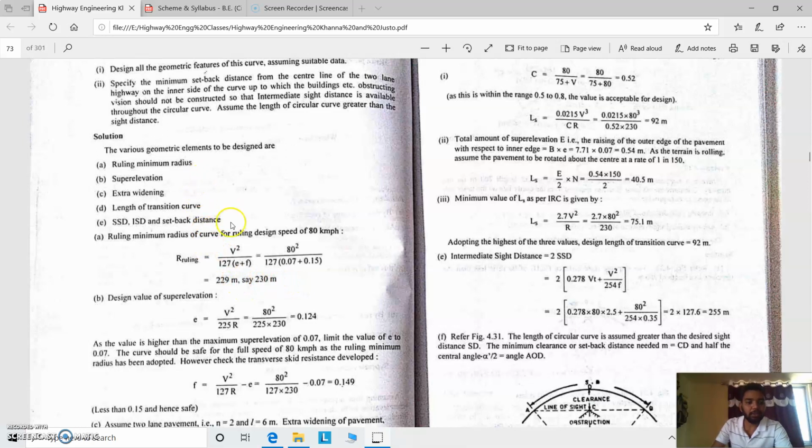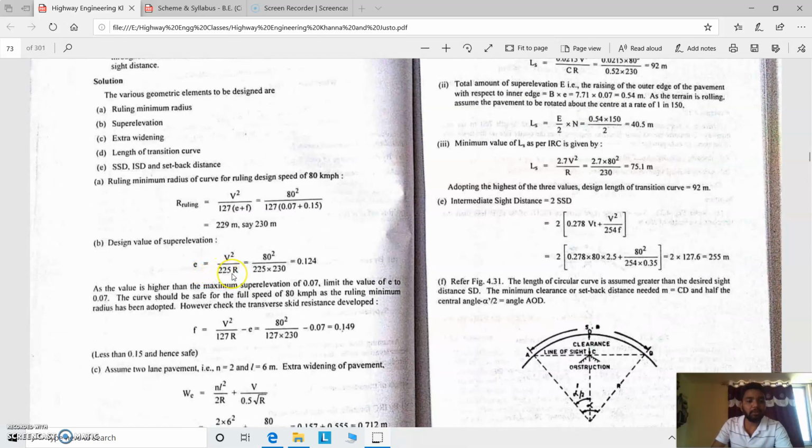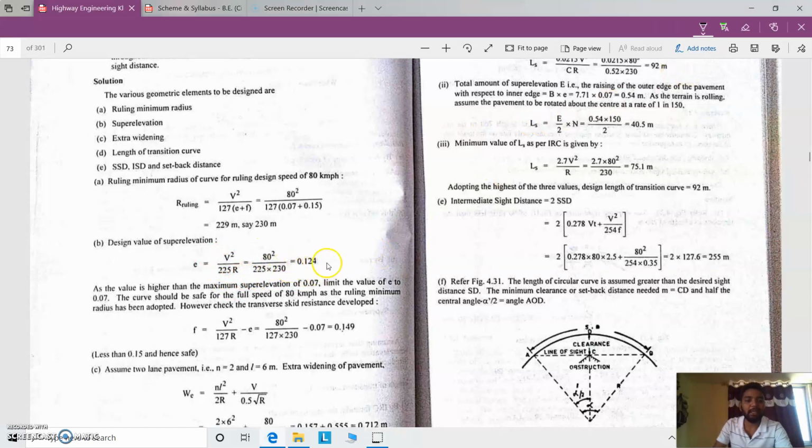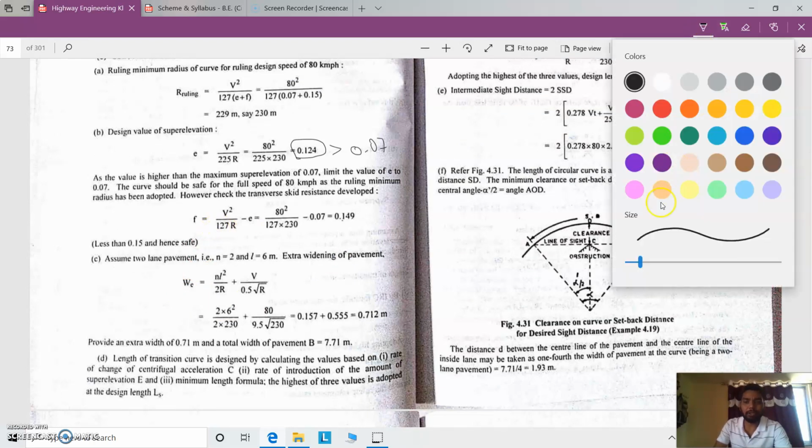Once we know the radius, we can calculate the super elevation. Super elevation is considered for mixed traffic condition. So in this step, for the mixed traffic condition, e is v square by 225 r, and we get e as 0.124. So 0.124 is greater than 0.07, so we need to consider the f value.